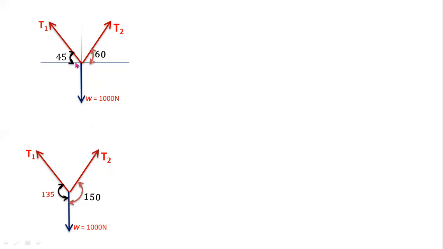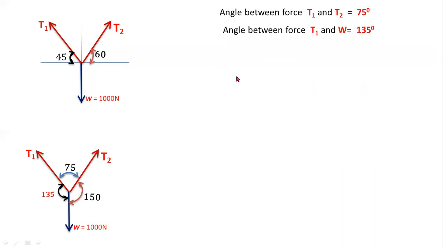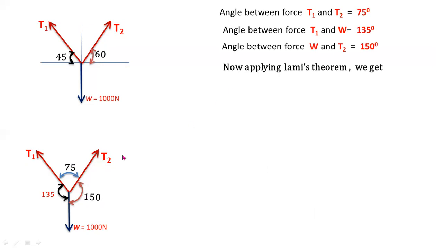Now the remaining angle between T1 and T2 forces is 75 degrees. The total angle is 360 degrees: 150 plus 75 plus 135 equals 360 degrees. Now you have to apply Lami's theorem. The angle between T1 and T2 is 75 degrees, the angle between T1 and W is 135 degrees, and the angle between T2 and W is 150 degrees.